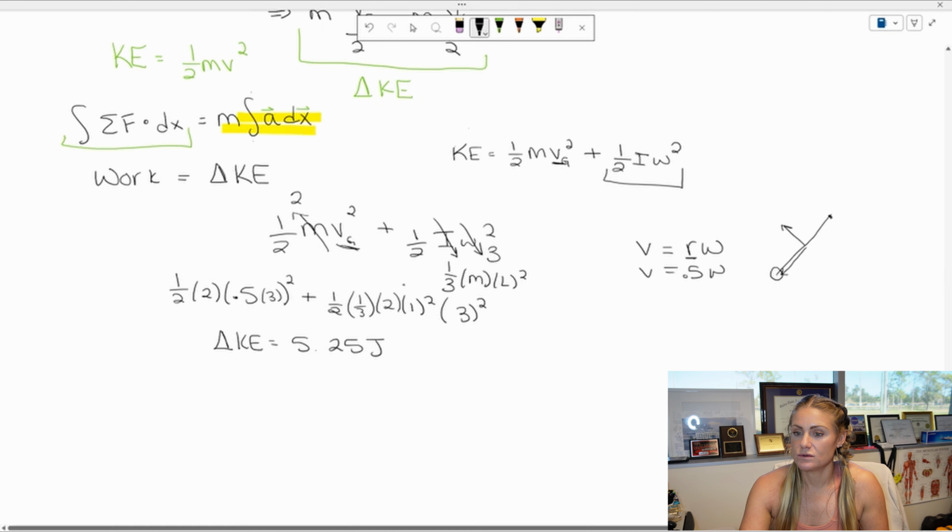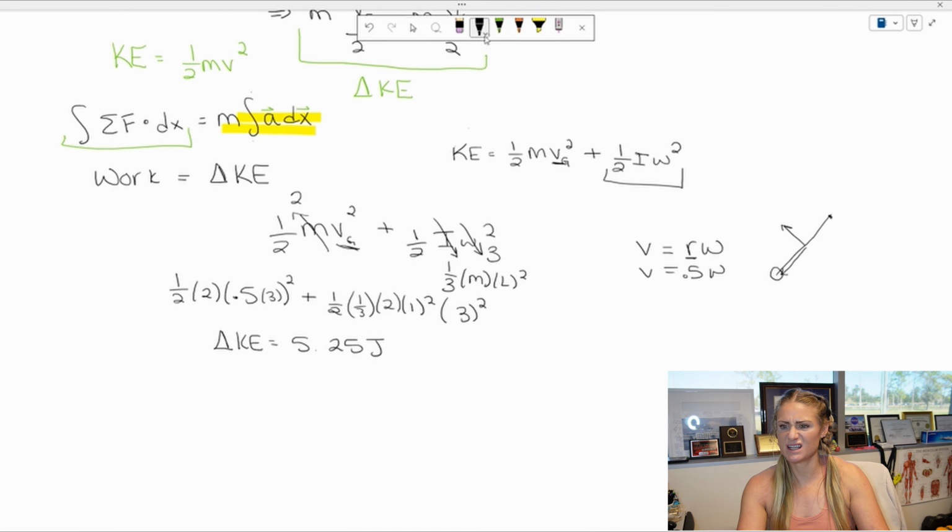I want you to take a look, because we haven't said anything about potential energy. Potential energy shows its face on this side of the equation.